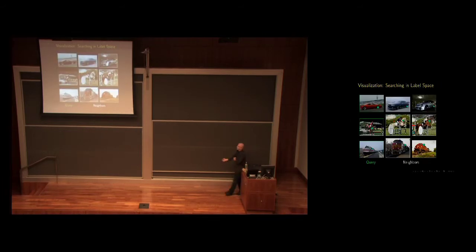Here we're trying to do some visualization of what's actually learned in the label representation. I'm showing images here, but really all the queries are done with the corresponding ground truth labels of the set. This is using the representation produced by the encoder for a particular region in the image to search for neighboring regions in the training set which have a similar representation of their ground truth labels in label space.